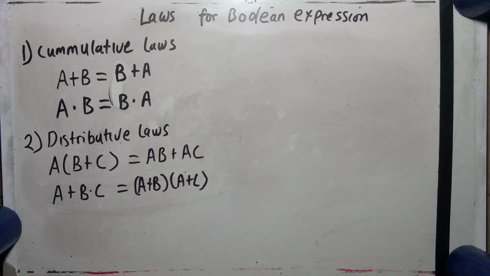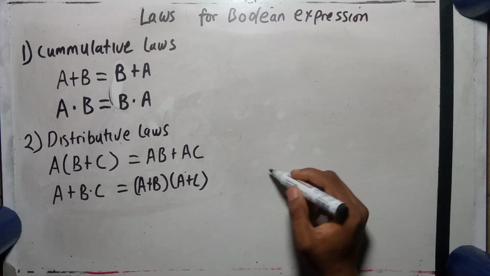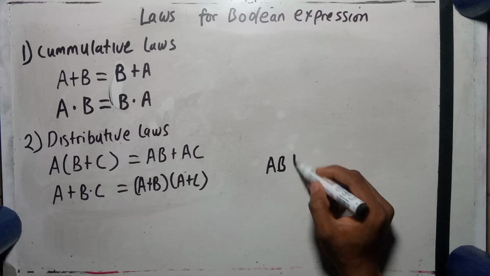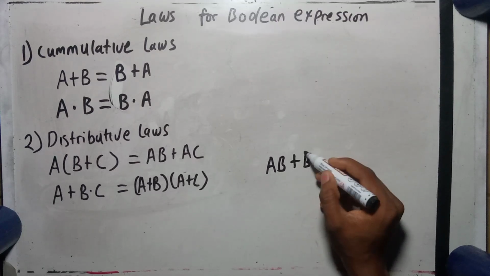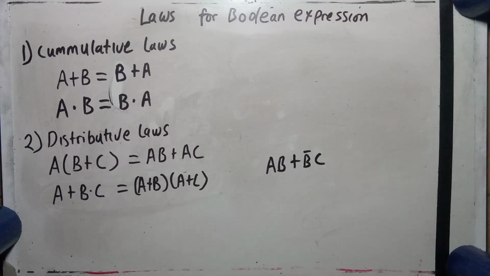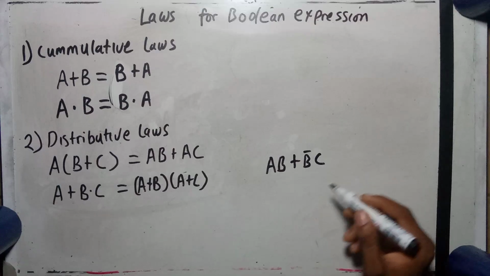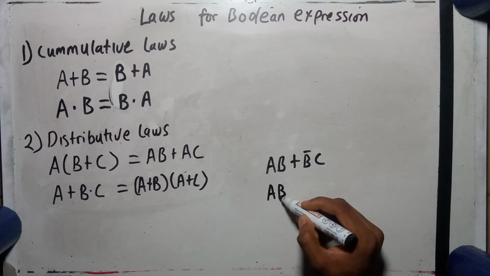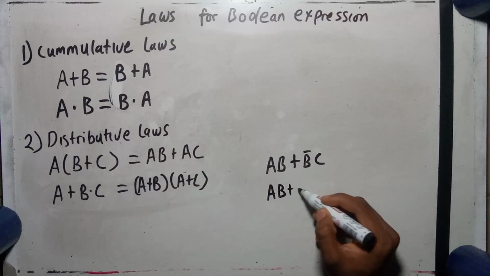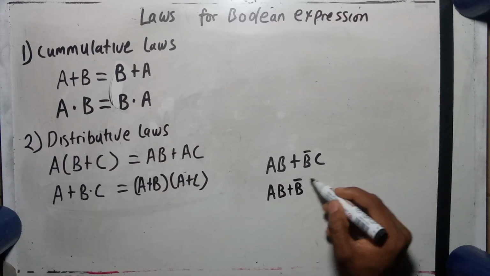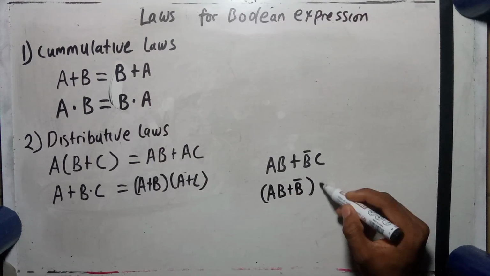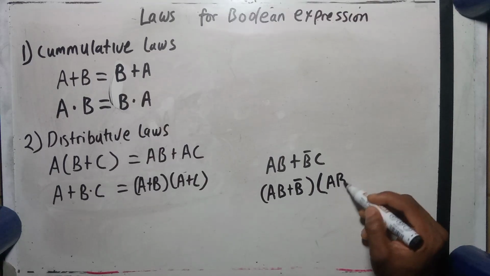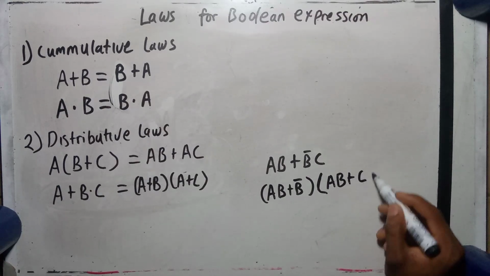What this also means is that when you're given an equation, let me say AB plus B bar C, you can rewrite the whole of this to be A plus B bar times B plus C.